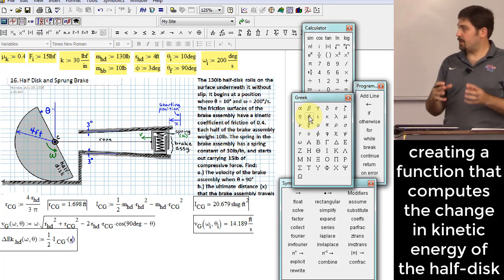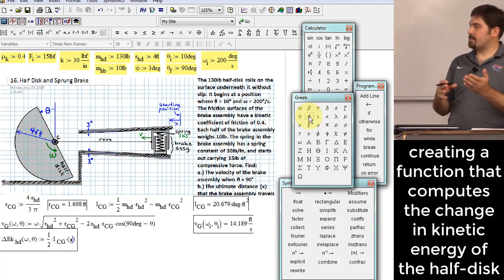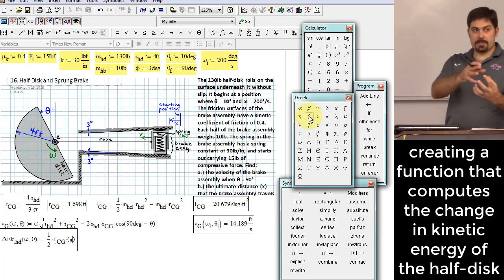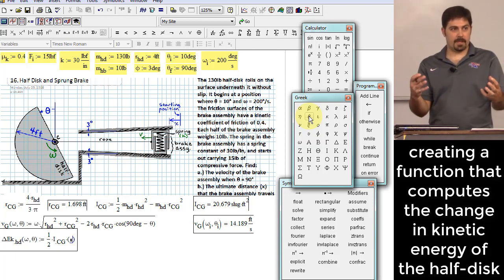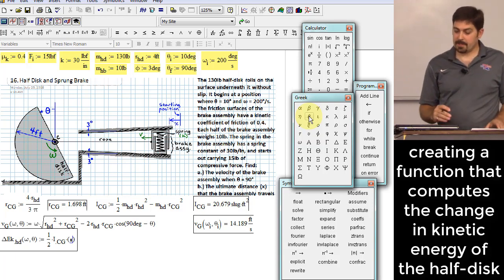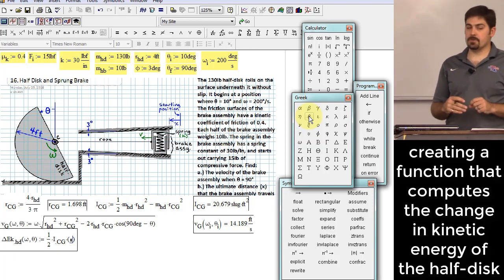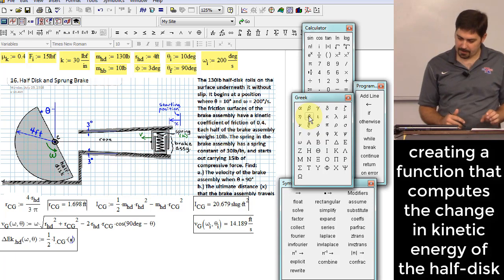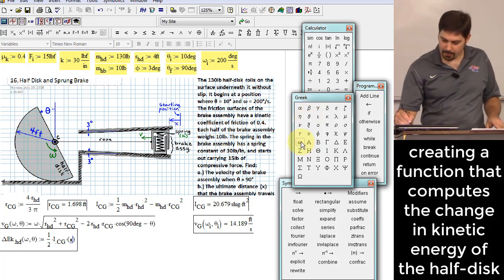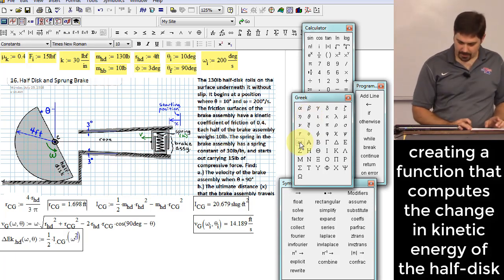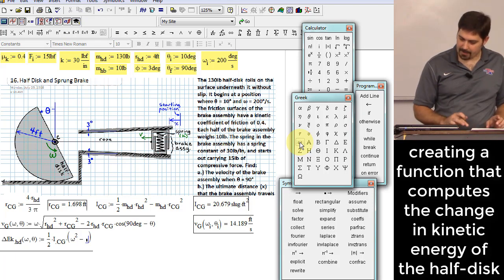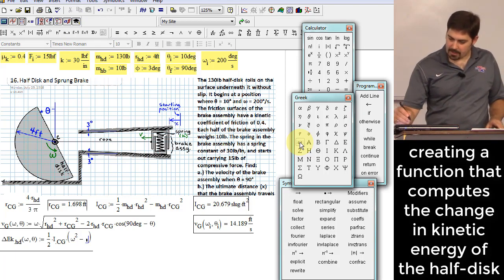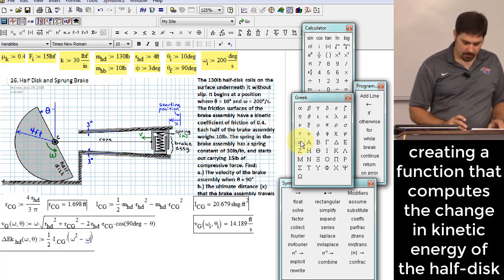The change in energy is basically that relative to what it started out with. And if you want to do that, you basically have to take the difference of the squares of those two angular velocities. So we'll start out with omega squared, but then we'll subtract whatever the initial omega was squared.